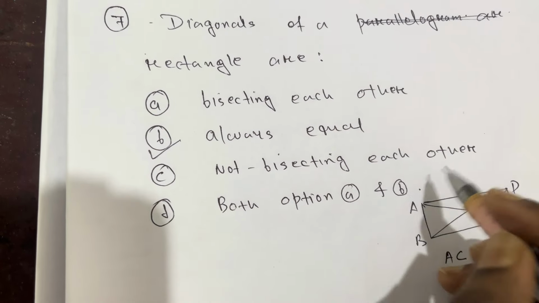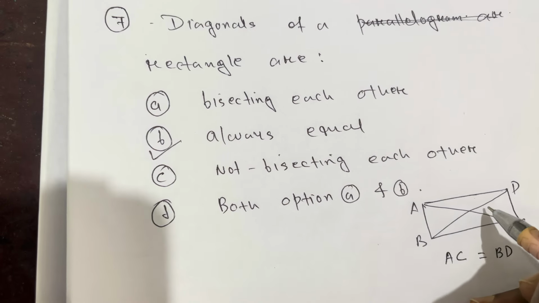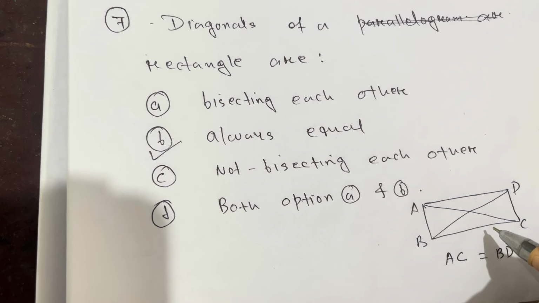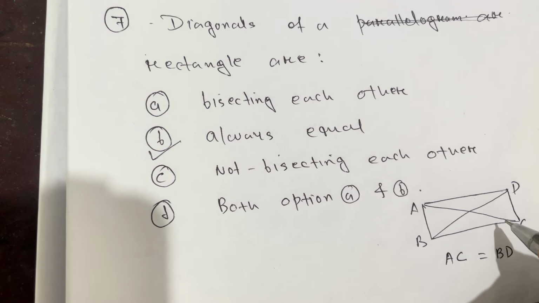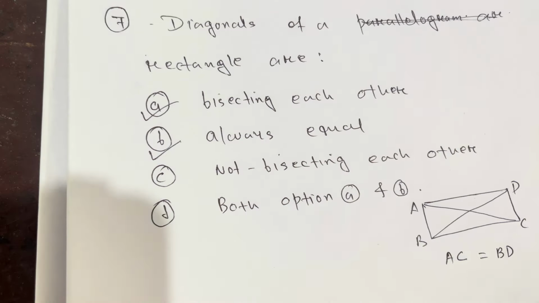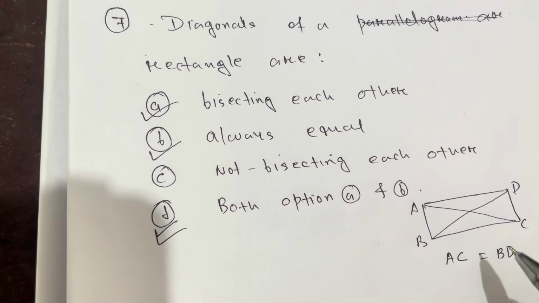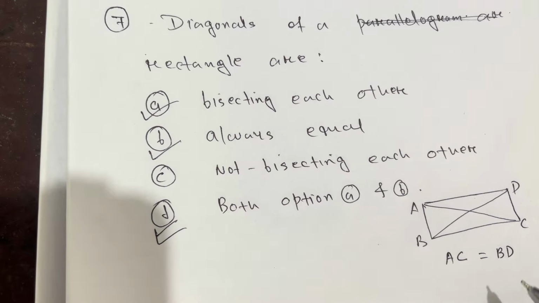Again, a rectangle is a parallelogram, because it is a type of parallelogram, and as you know, diagonals of a parallelogram are bisecting each other. So option A is also correct, yes or no? So both options A and B are correct. Let's remember diagonals of a rectangle are equal and bisecting each other.